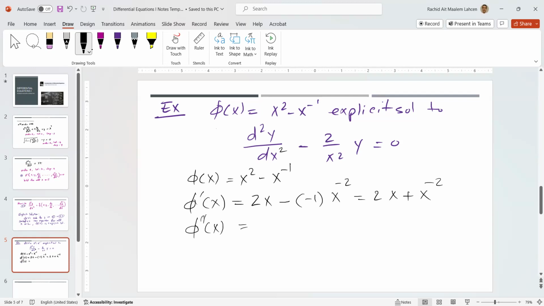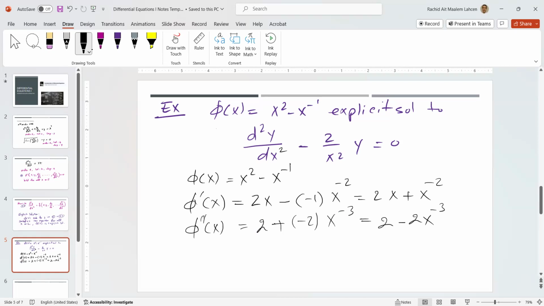The derivative of x is 1, then -2 again, x to the -2 minus 1 will be -3. So it is 2 minus 2 times x to the -3.